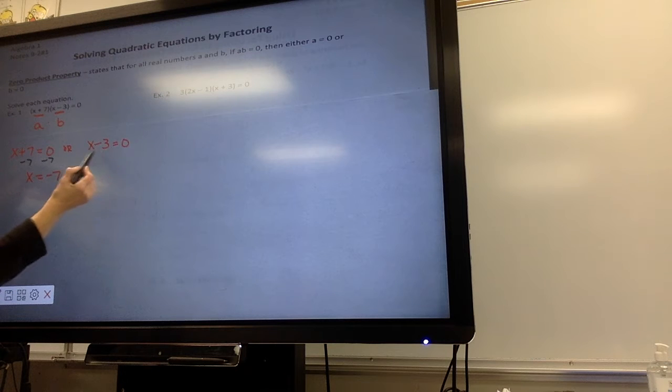If it were the x minus 3 that equaled 0, I would add 3 to both sides, and x would equal 3.